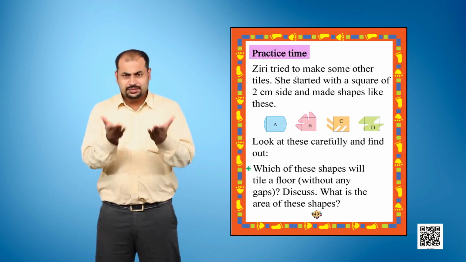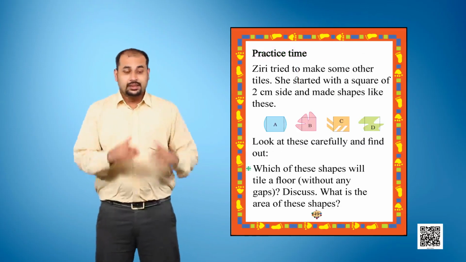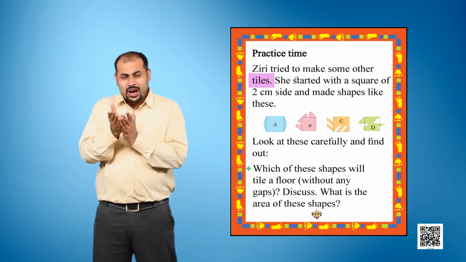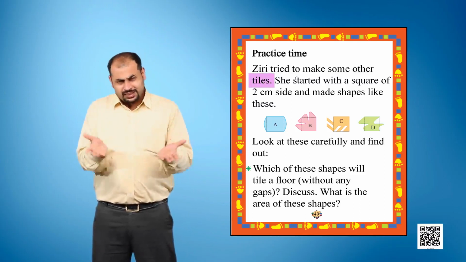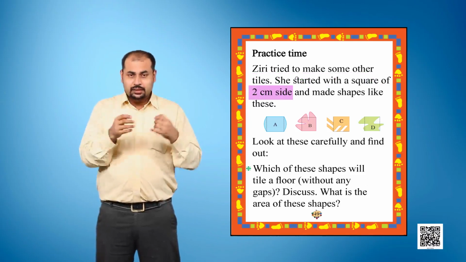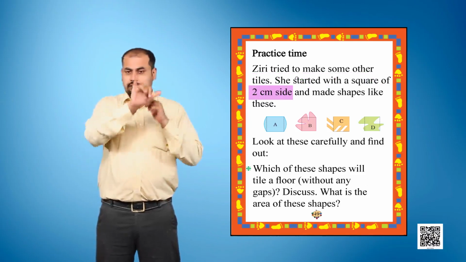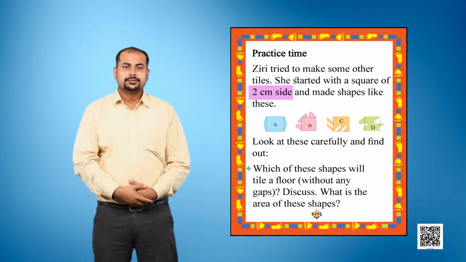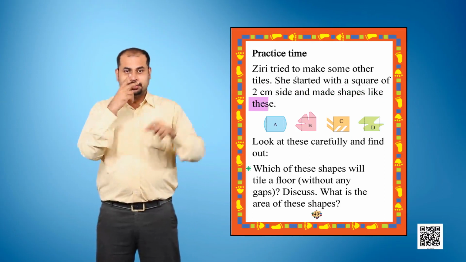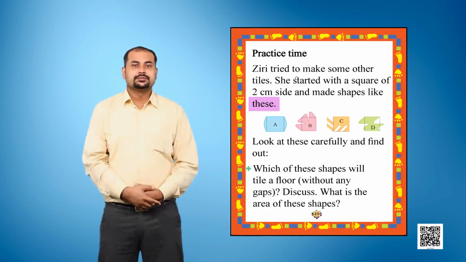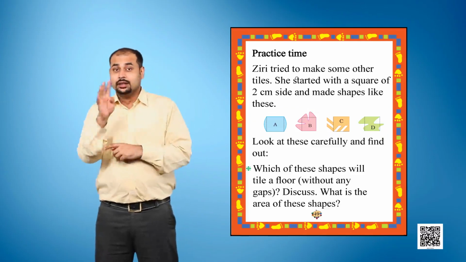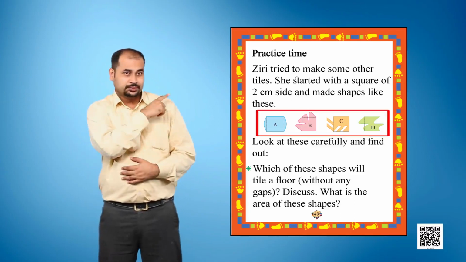Practice time. Ch-3 tried to make some other tiles. She started with a square of 2 cm side and made shapes like these. We have 4 different shapes shown here.